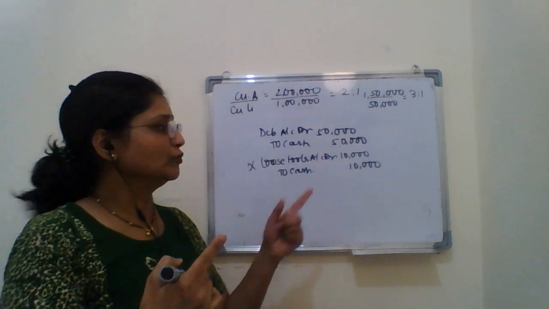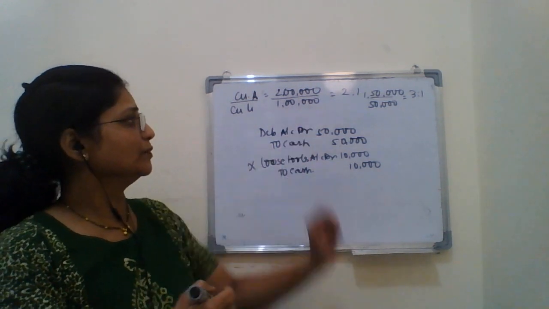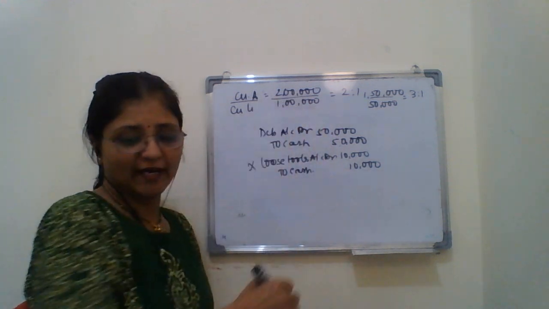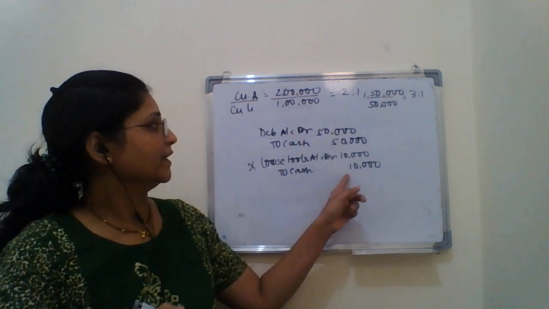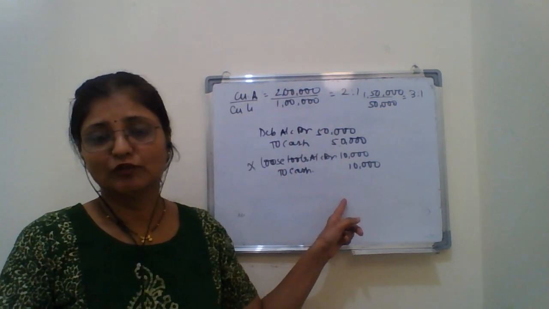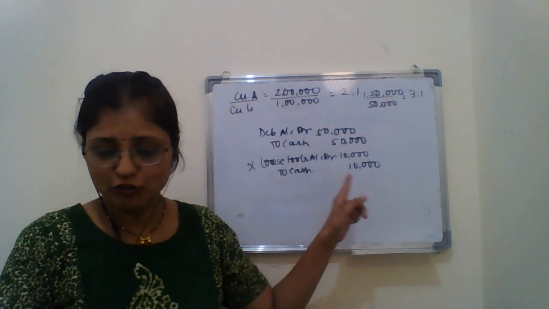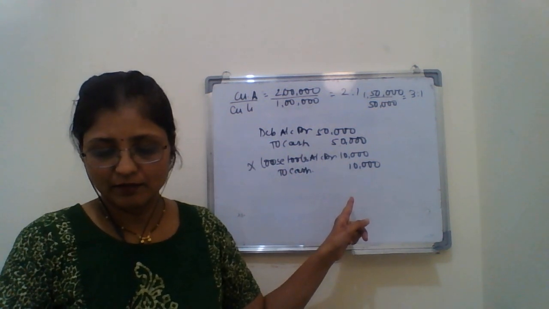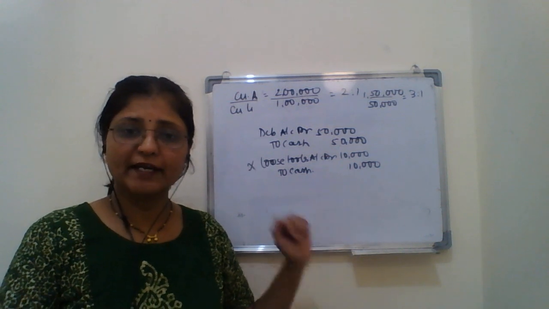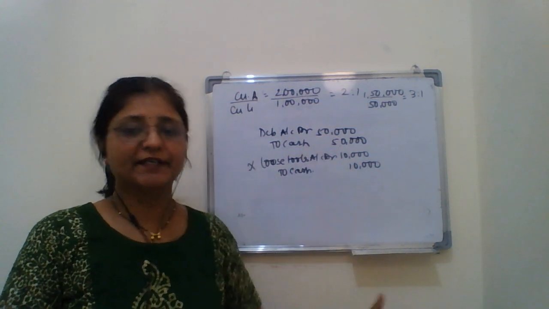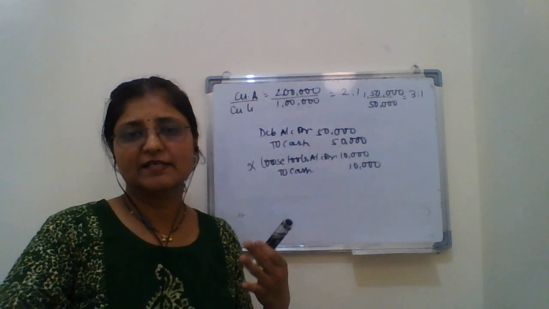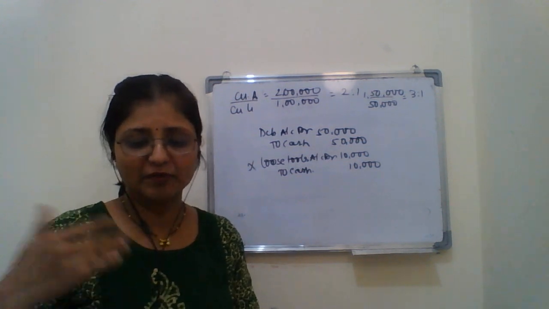So if the loose tools are 10,000, cash is going. So this will become 1,80,000 by 1 lakh. 1,90,000 by 1 lakh. So ratio will become 1.9:1. Okay. So 1.9:1, it means ratio is reducing. Okay, so these are some peculiar cases which have to be studied.